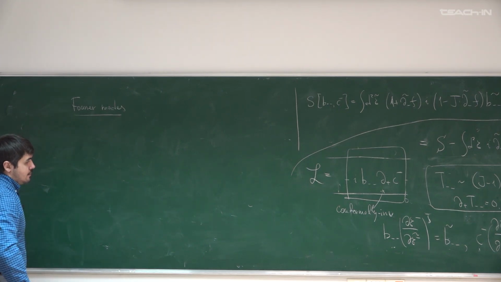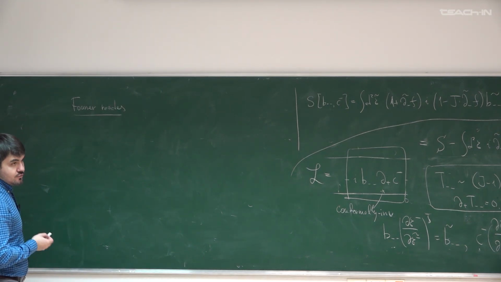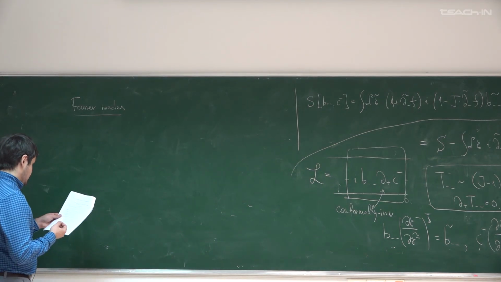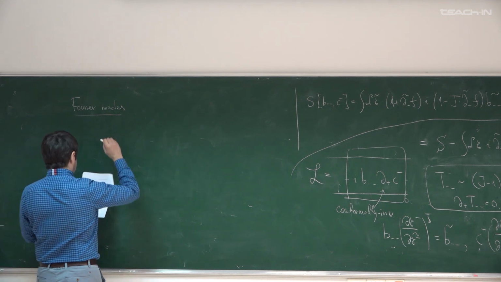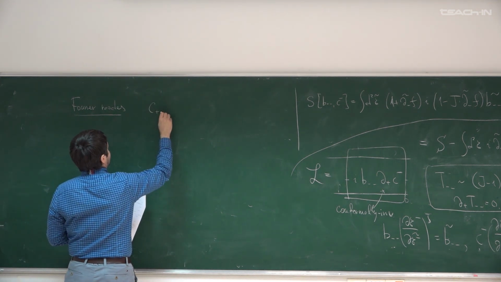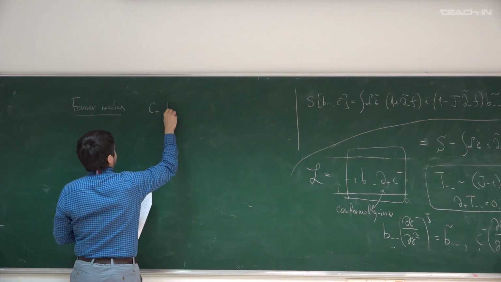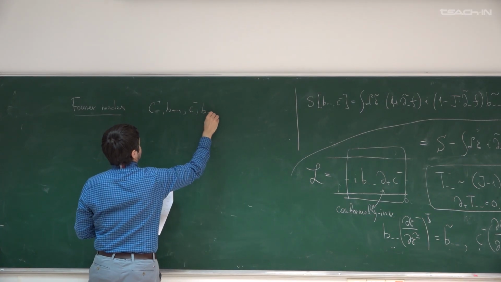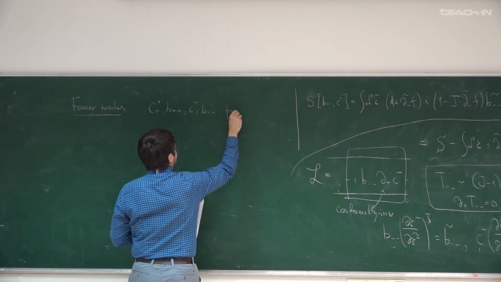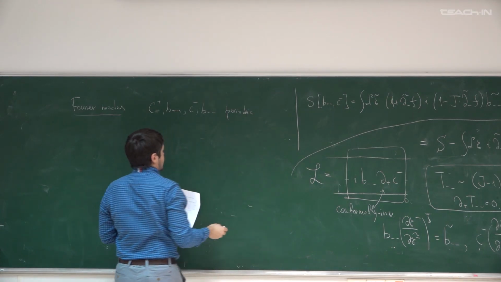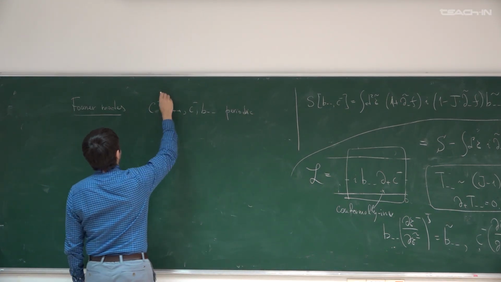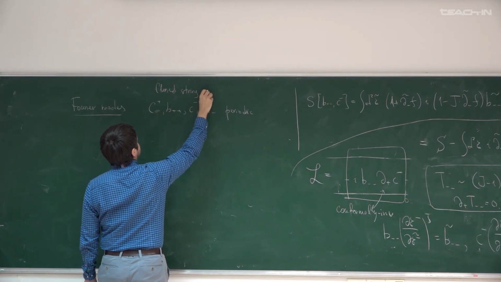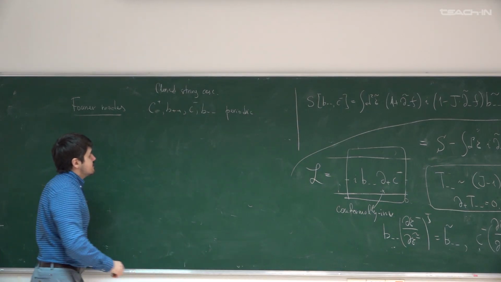Fourier modes, we will consider here the closed string case where the boundary conditions are simpler, meaning that we will just say that C plus, B plus plus is periodic. So this is the closed string case.